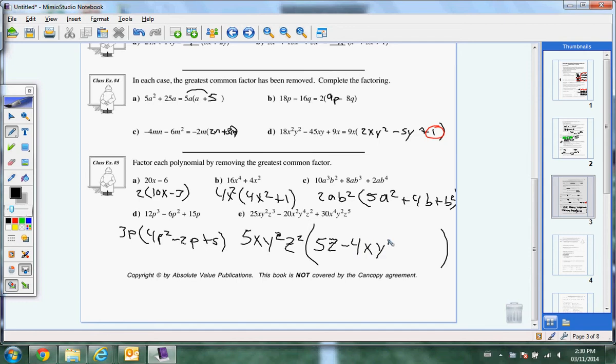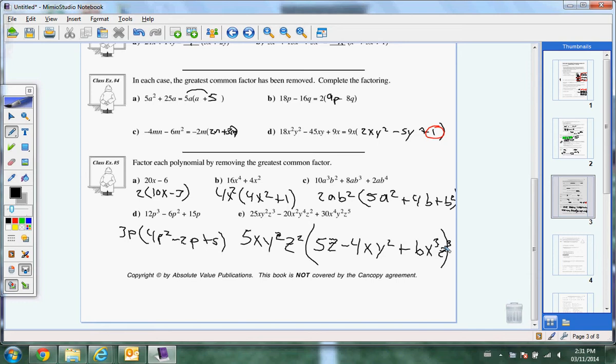I have 2 y's in. z squared, I took a z squared out, so it's gone. Okay, last chunk here. 30 divided by 5 is 6. x to the 4, I took an x out. That's an x cubed. y squared is gone. z to the 5 is now a z cubed. Ran out of room there a little bit. It was close.